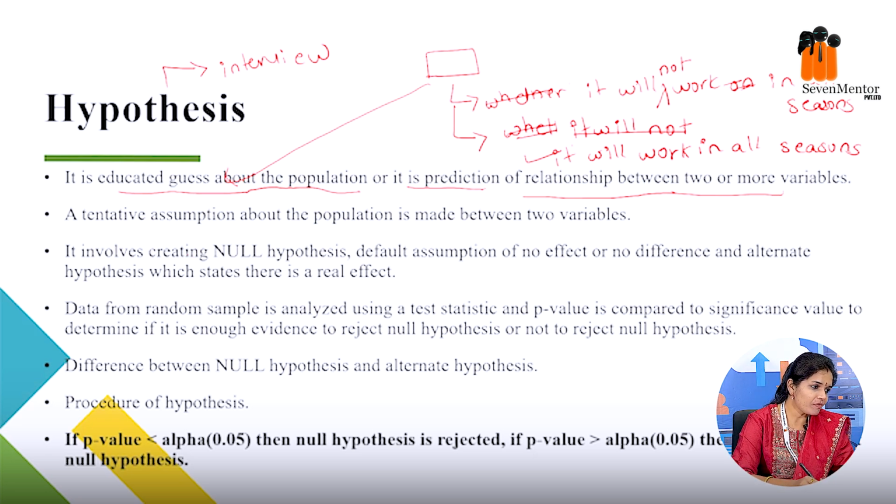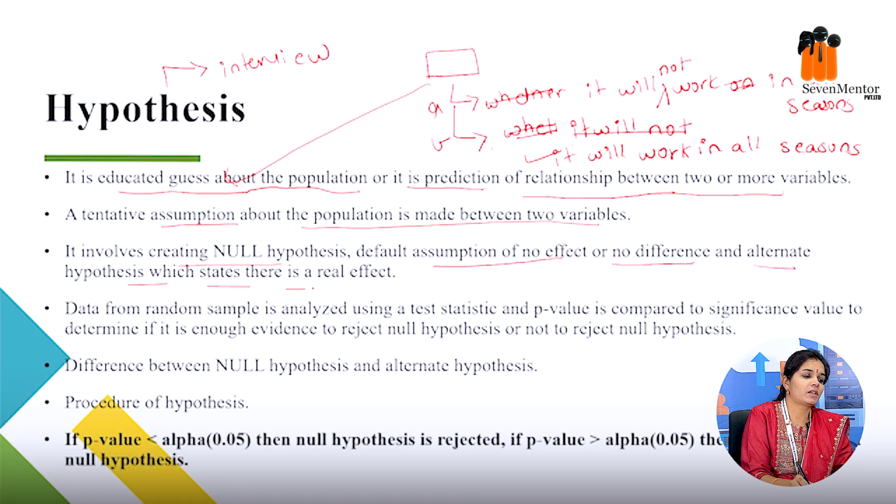A tentative assumption about the population is made between two variables, A variable and B variable. It involves creating a null hypothesis, the default assumption of no effect, no difference, and an alternate hypothesis which states there is a real effect.